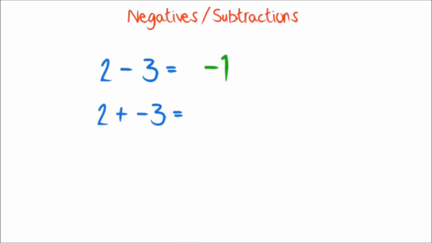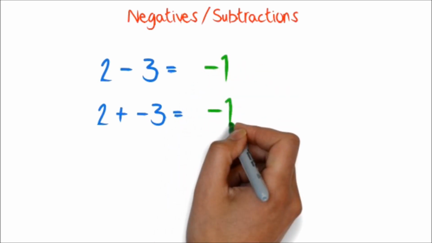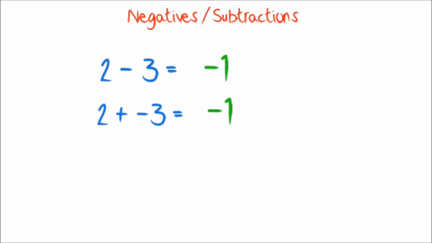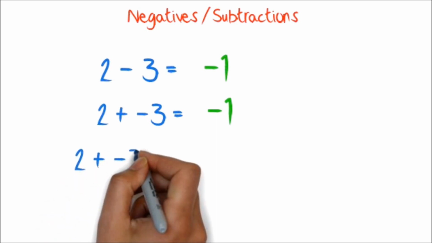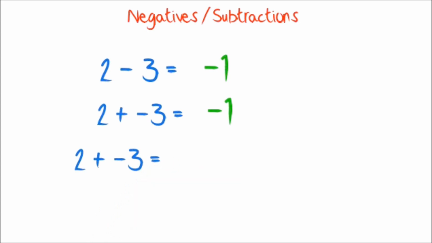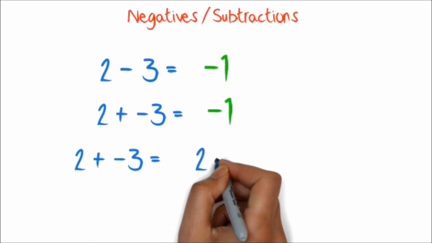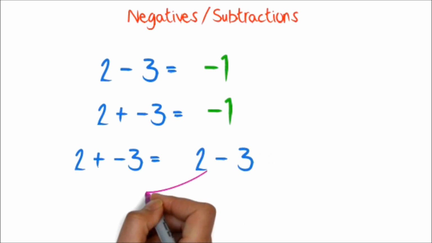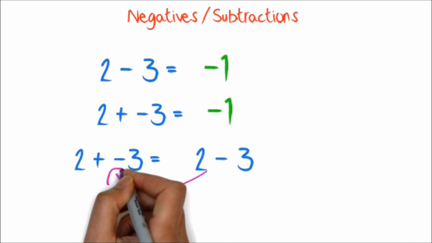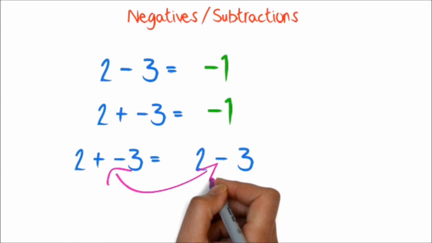Hope you had -1 and -1 as your answers. We can say that 2 plus -3 equals 2 minus 3. The plus negative is the same as minus.